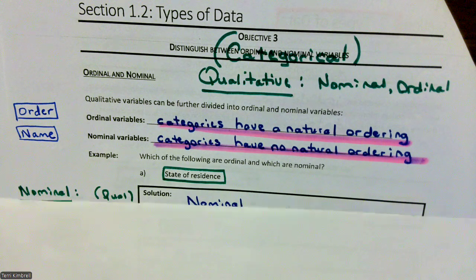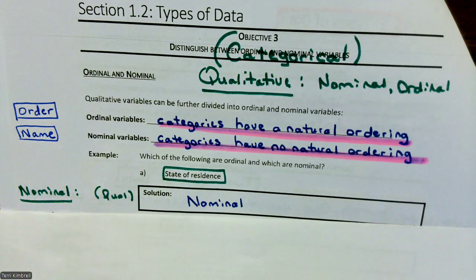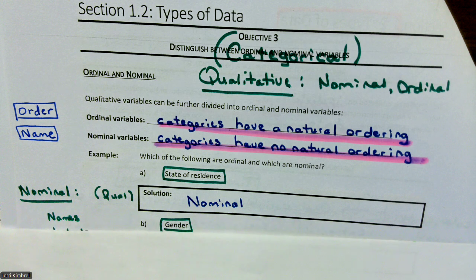As we try the examples, a state of residence. Basically, we're not ordering the states and saying one is better than the other. So that would just be naming, so that would be nominal. The next one would be gender.